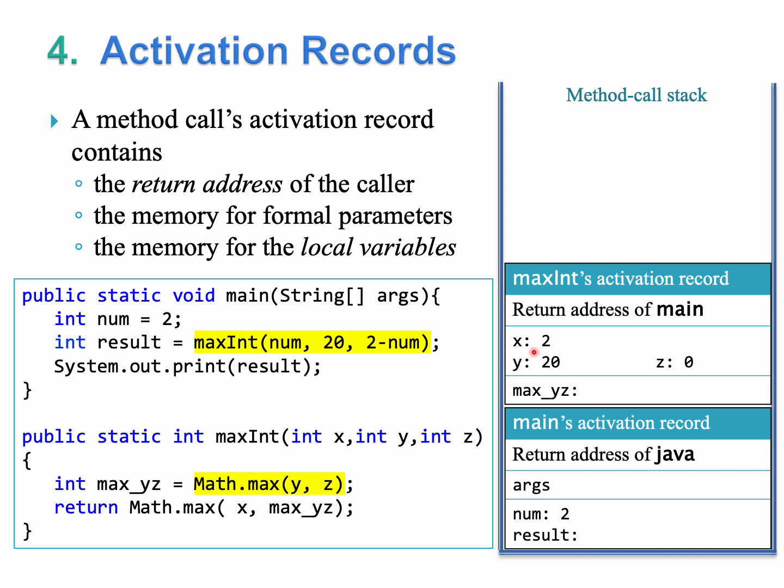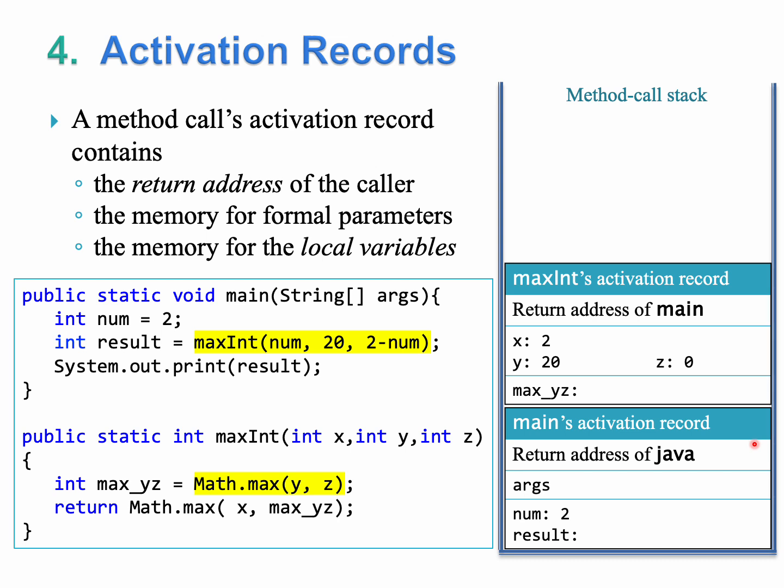It also contains parameters x, y, z, with x receiving the value of variable num, which is 2, y receiving value 20, and z receiving the value of 2 minus num, which is 2 minus 2 or 0.